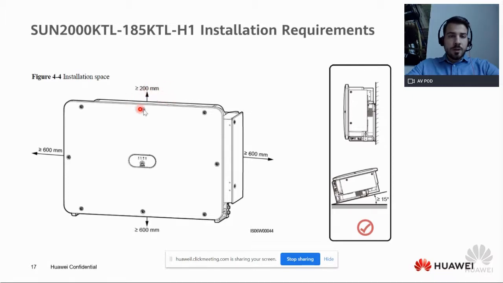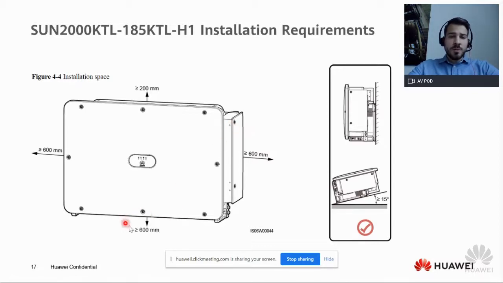You have to make sure that you have enough space during the installation. Like for above the inverter, we need 200 millimeters just to give the inverter enough space. And also on the right and the left hand side, for any kind of maintenance or easy access, we have to leave 600 millimeters, and also for the warm air to come out.